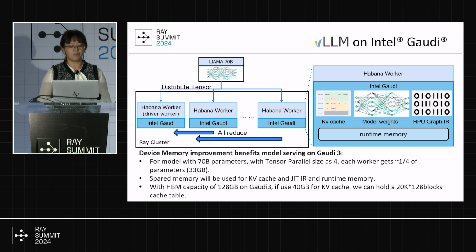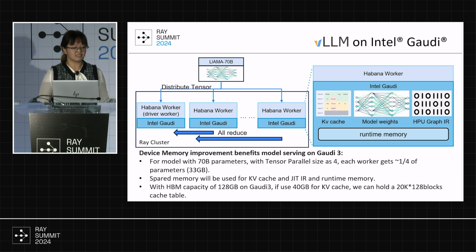And then we also need to provide some device memory for the HPU graph compiled IRs. It's very similar to the CUDA graph compiler. So here, let's say I have this 70 billion model, and I can use either two cards or four cards to host this model. But with Gaudi 3, with 128 gigabytes memory capacity, I have at least 40 gigabytes on each card for the KV cache.